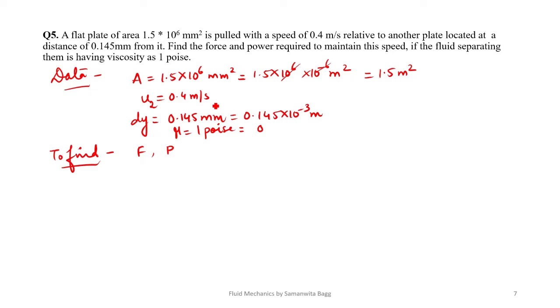I'll convert this into Newton second per meter square by dividing by 10. For solving this, I'll use the formula tau is mu du by dy, by Newton's law of viscosity. We know that shear stress is force upon area.